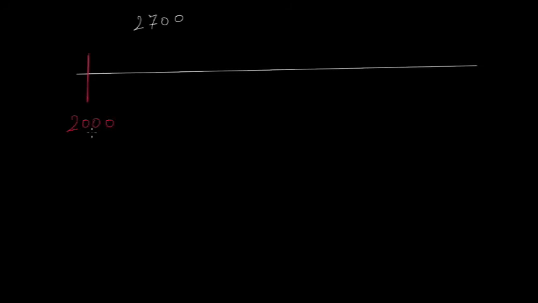Now tell me, what are the two closest multiples of 1000 to this particular number? Of course, you will say that the nearest two multiples of thousands in this case are, the first one is 2000 and the next one is 3000, right? So these are the two multiples of 1000 which are closest to 2700.